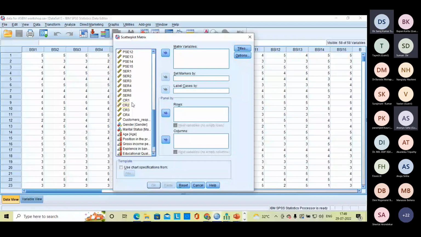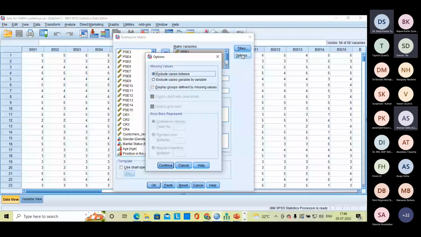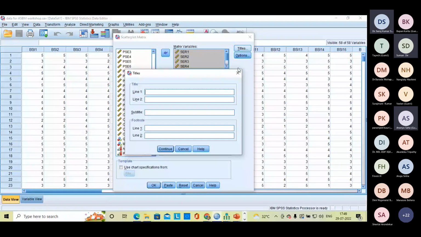Otherwise, the matrix scatter will be complex. Suppose I am taking these ACR values, all the ACR values, because for multivariate normality, I am taking all the ACR values into the matrix. Now in Options, everything is okay, no need to do anything. Title we do not require. Done.